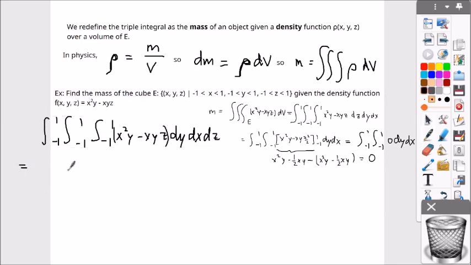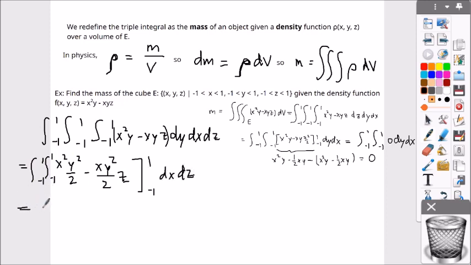This is equal to x squared y squared over 2 minus x y squared over 2 times z from -1 to 1, then -1 to 1, -1 to 1, dx dz. Evaluating this, you will get x squared over 2 minus xz over 2 minus x squared over 2 minus xz over 2.